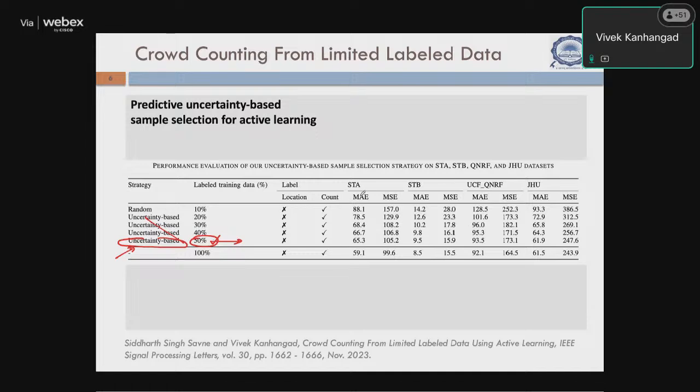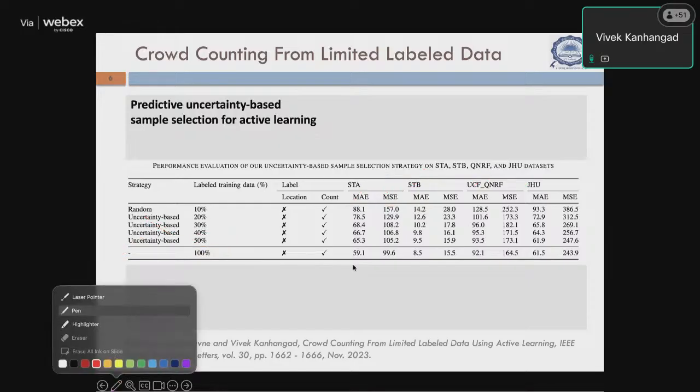With that, we have performed this on 4 different data sets. These are publicly available data sets for crowd counting. The performance is measured in terms of mean absolute error and mean square error. It's a regression problem basically: you're estimating the count and there's an actual count, so you can just use MAE and MSE for performance evaluation.